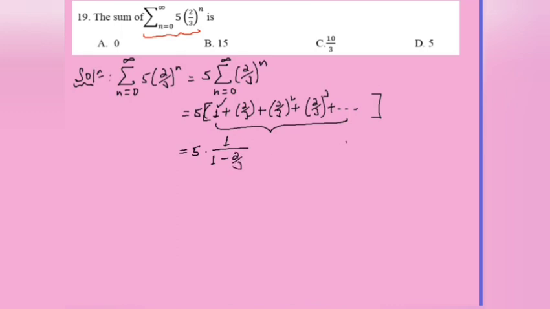Here I'm using that the sum of this infinite series is g1 over 1 minus r, where g1 is the first term and r is the common ratio. So this can be written as 5 times 1 over (1/3), which is 5 times 3. The result is 15. Therefore, the sum of this infinite geometric series is 15.